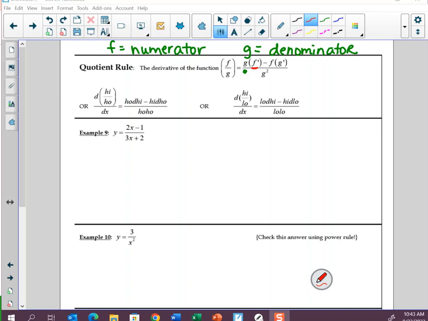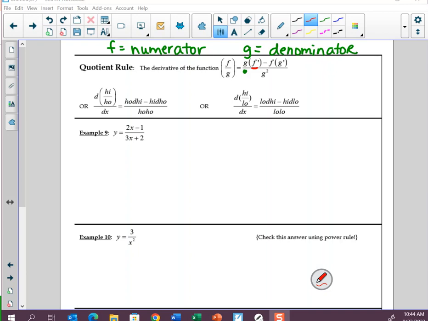If you look at that, it's the same order as I taught you in product rule, which is why I taught you product rule that way. G F prime, F G prime, just a minus instead of a plus. And then G squared down at the bottom, that's not a calculus thing, that's just whatever G is, squared.